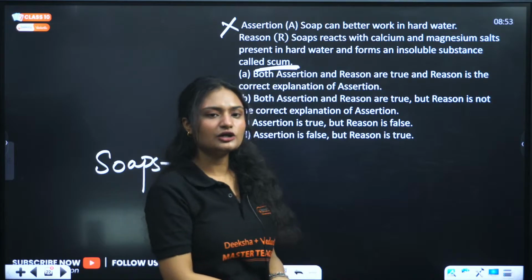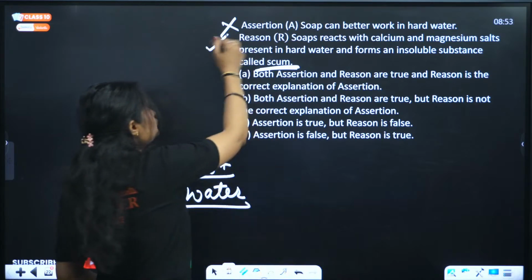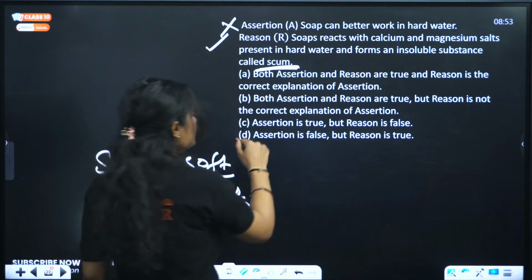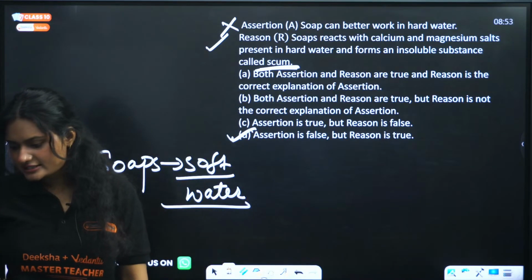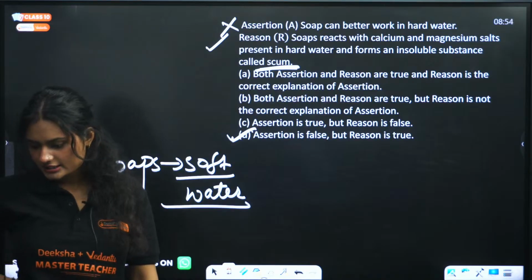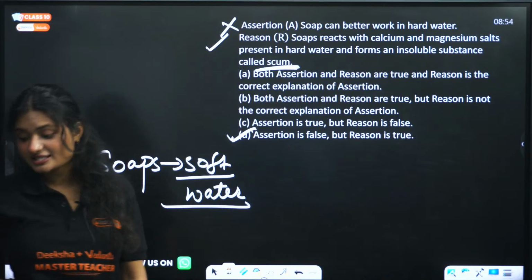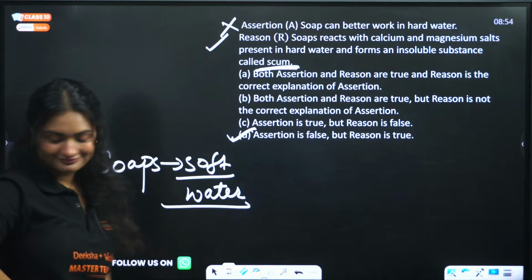I hope it is clear. So the reason is true, but the assertion is false. Yes, the correct answer is D. Correct. Yes, Kalyan, D is the correct answer. I know you know the answer.